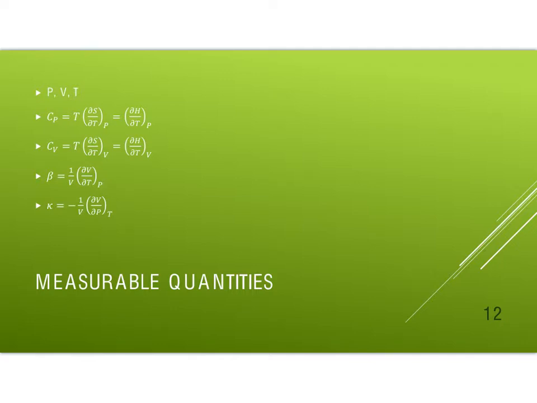And these compressibilities, how volume changes with temperature or pressure, are things that are measurable and occasionally for some substances recorded. So this is going to be our list of measurable quantities. So we're going to want to translate changes in a variable, so H for instance, into things that relate to just these quantities, things that we can measure.